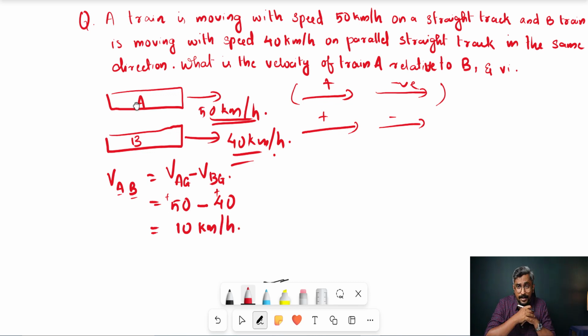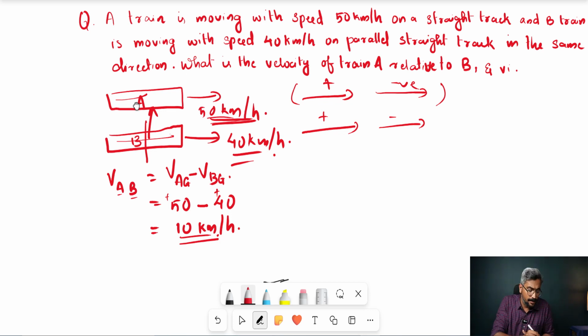That means VAB is the velocity of A with respect to B. So B is the reference point, and you are seeing train A from B. Both trains are moving in the same direction, but you feel that the other train is moving with a velocity of 10 kilometers per hour. But its actual velocity is 50 kilometers per hour once it is observed from the ground.